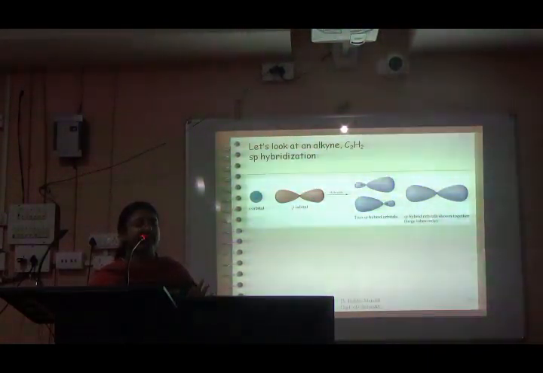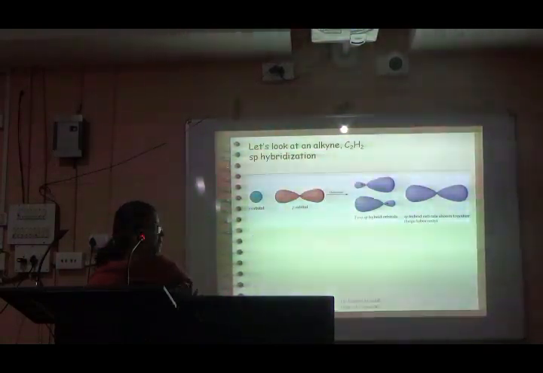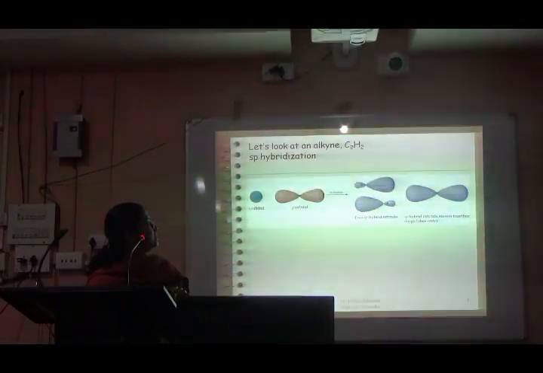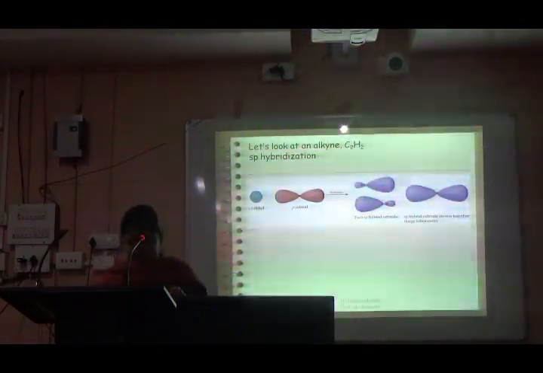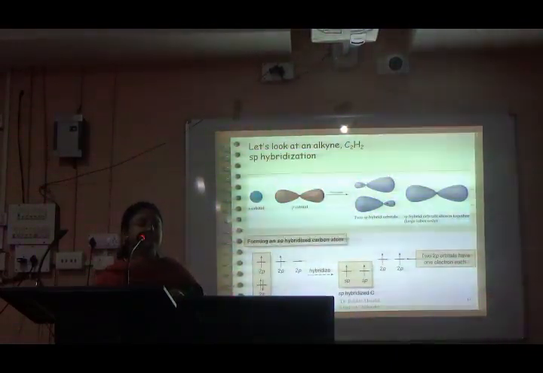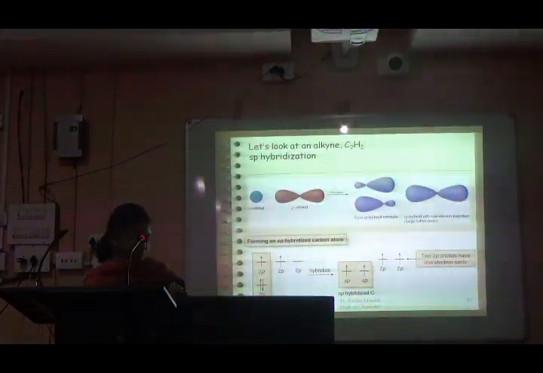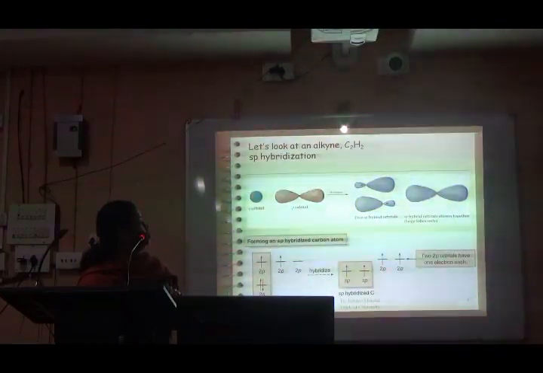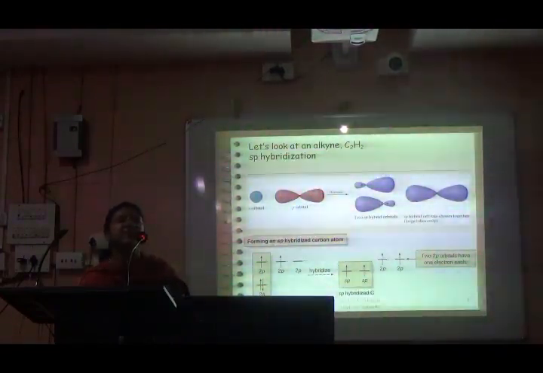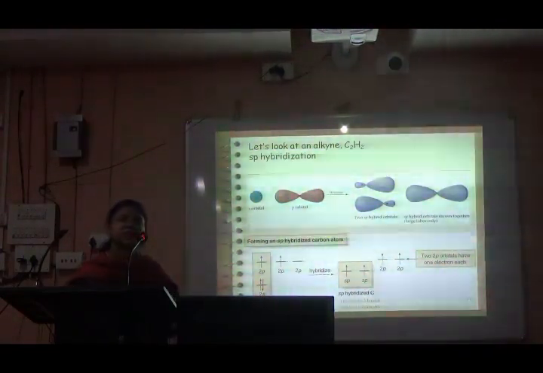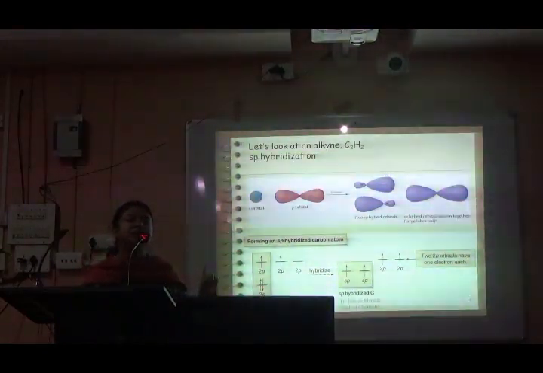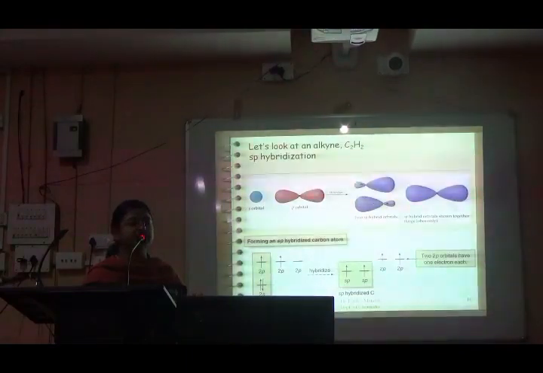The sp hybrid orbitals have a shape like this, but we will consider only the larger lobes, like this. So after hybridization, you can see that 2 p orbitals remain unhybridized, and 1 p orbital has hybridized with 1 s orbital, forming 2 sp hybrid orbitals.